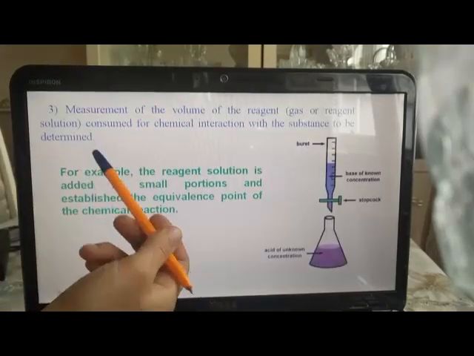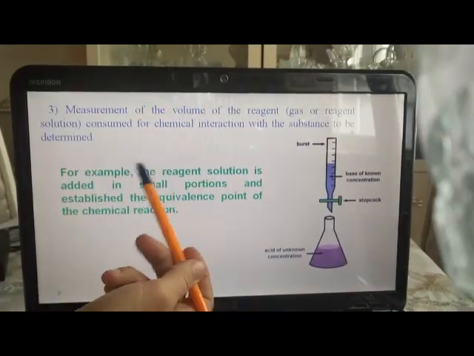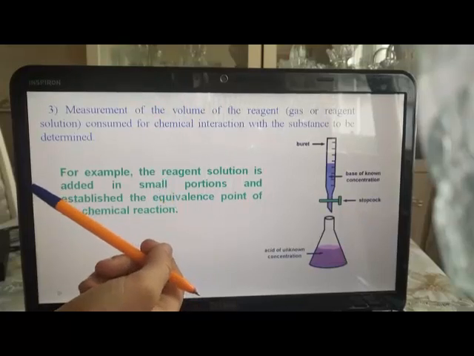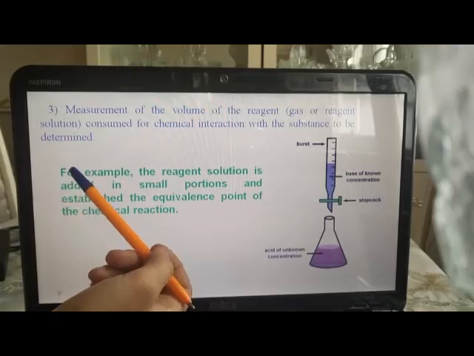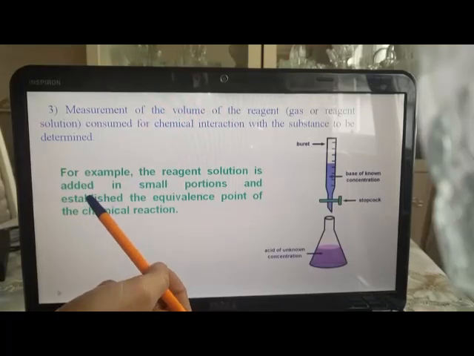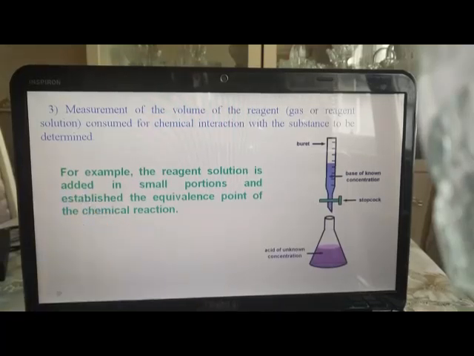Third is measurement of the volume of the reagent, gas or reagent solution, consumed for chemical interaction with the substance to be determined. For example, the reagent solution is added in small portions and establishes the equivalence point of the chemical reaction.